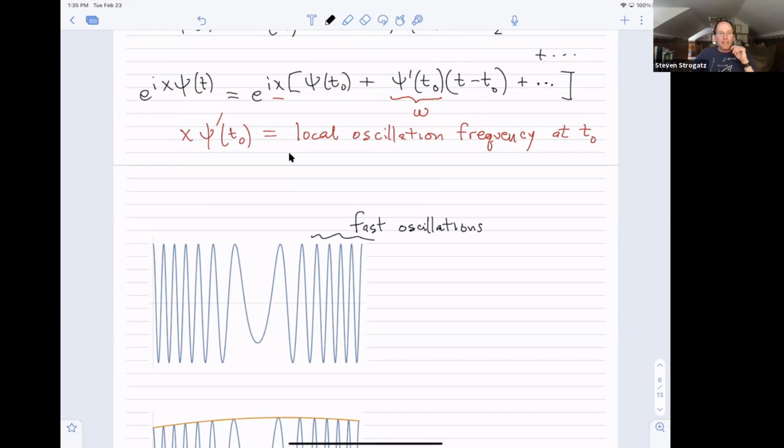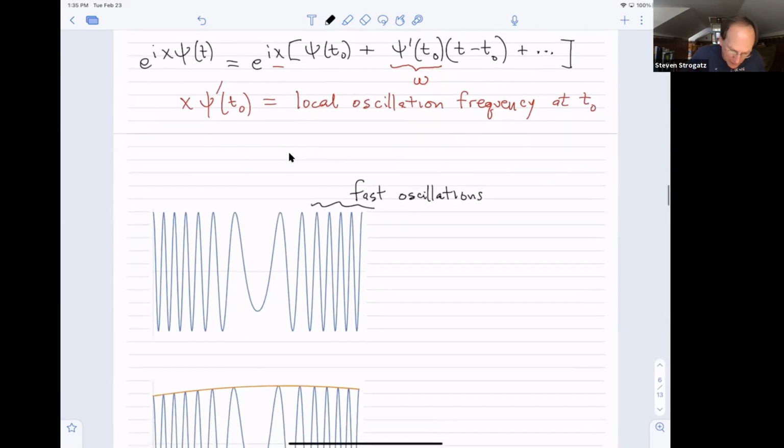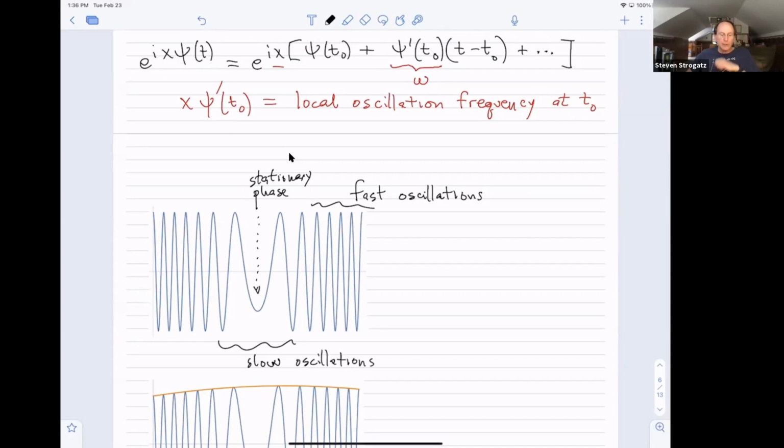You can see there's a wider spacing, and the point of stationary phase is occurring right here, where everything is slowing down. So the oscillations are much slower in here. And in particular, we're losing the oscillations altogether.